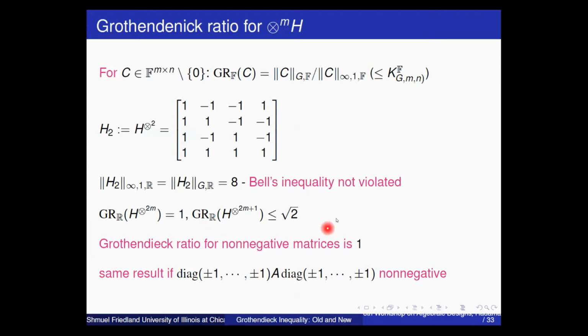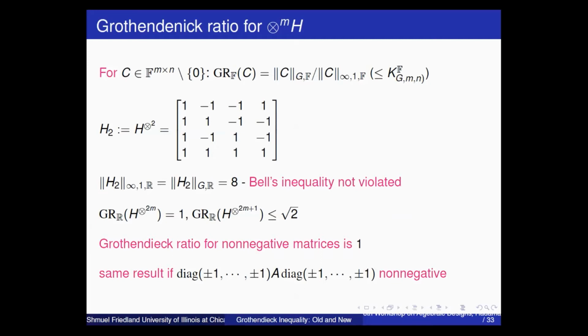Now here the Grothendieck norm is the sum of singular values. The singular values here are each 2, so 4, 8. No violation of the Bell inequality for this one. So this is amazing to me. In other words, for the Hadamard matrix of order 4, if you do this experiment, there is no violation of the Bell inequality, according to this model.